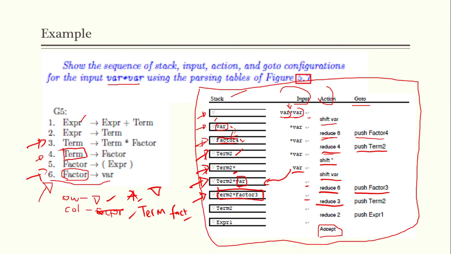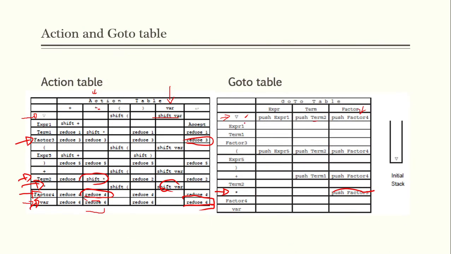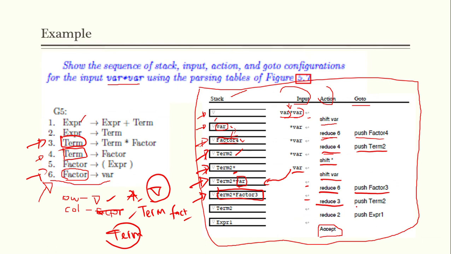Look into your rules, rule number 3. You choose term. Term will be your column. So the row is triangle, your column is term. Look into your go to table. Triangle and term is here. It says push term 2. So we write down there push term 2, and what you put in your stack is term 2.